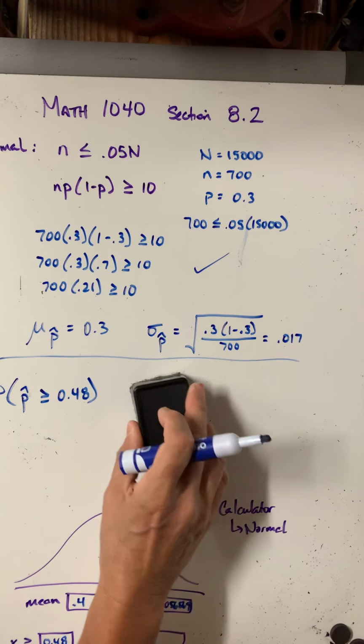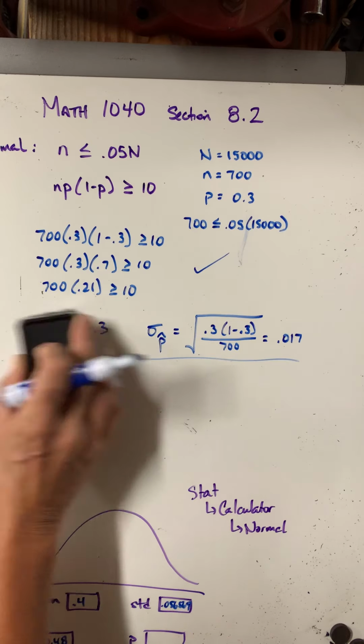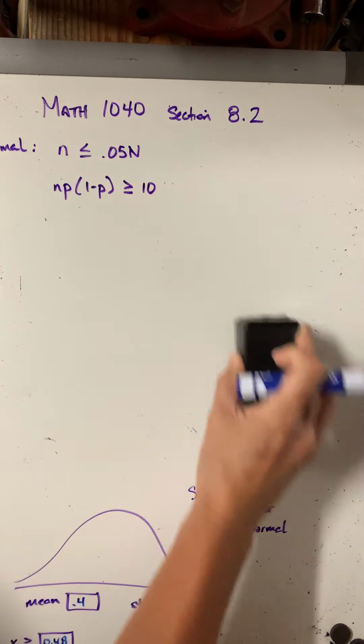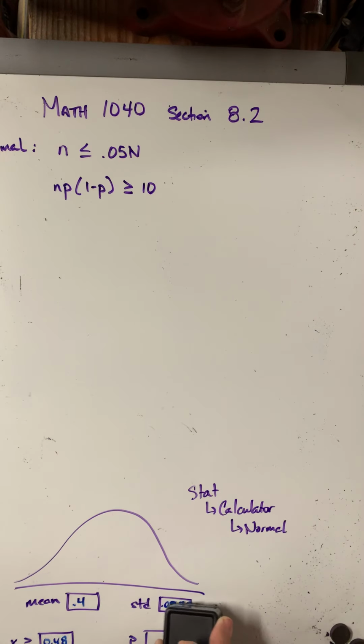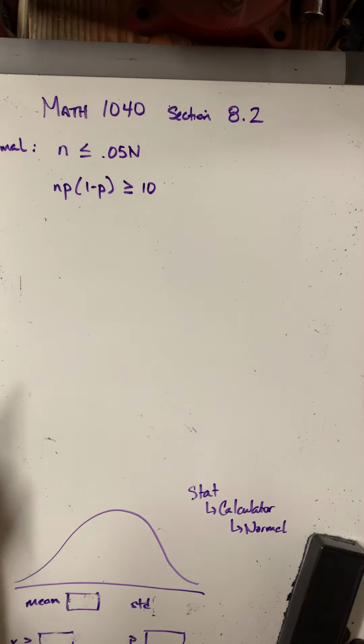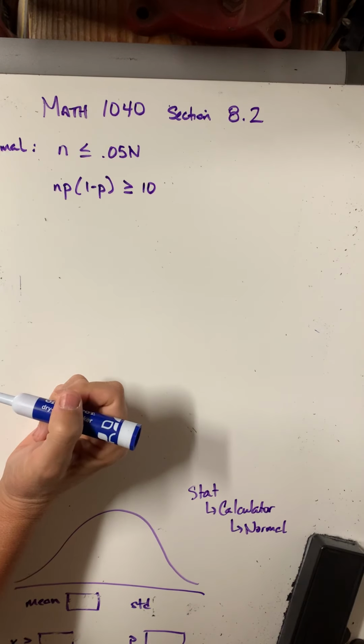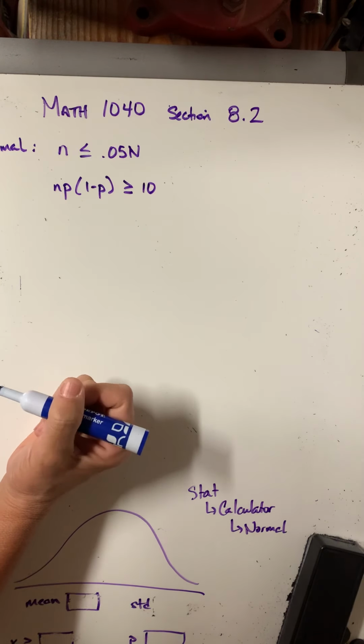So let me erase this. And this is the point I want to make in 7. So they start off, they want us to do our normal checks. No, actually they don't. They tell us that it's normal.